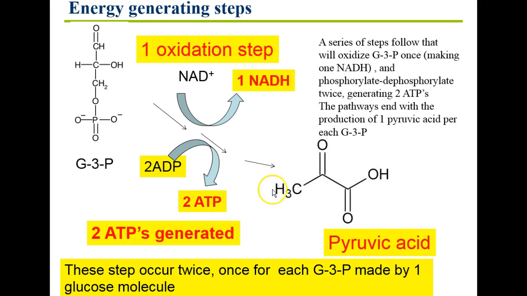Later in the steps, 2 ADPs will be phosphorylated into 2 ATPs. So 2 ATPs will be generated per G3P molecule. The end result will be a very stable molecule called pyruvic acid.